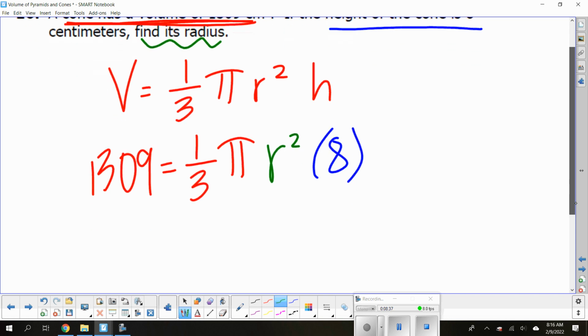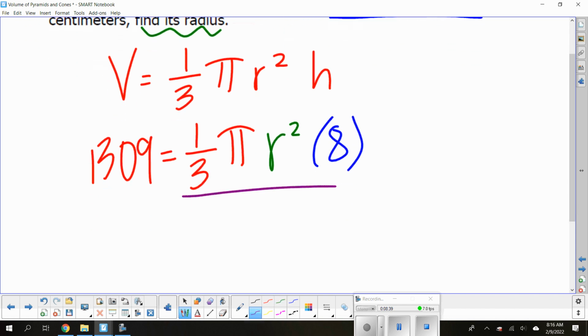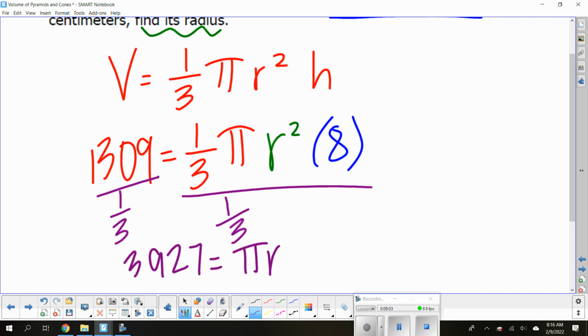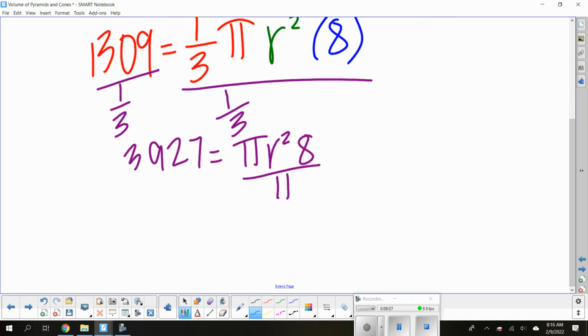Okay, so breaking this down, I would divide by 1/3. I would then divide by pi, 2,127. I would then divide by 5.